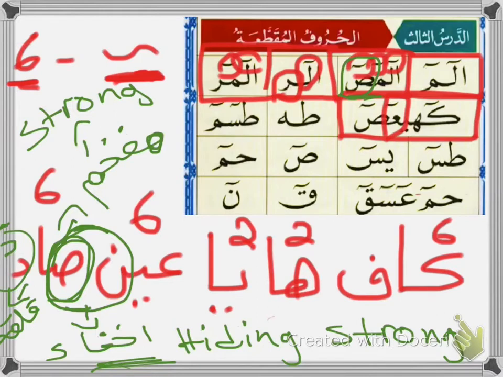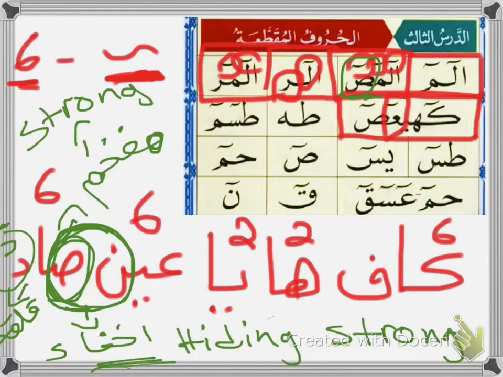Again, I'm going to read it again. كاف ها يا عين صاد. Over here, when we do إخفاء, or when we did the meme with the meme, we have two sounds for that. So عين, hold it two times.